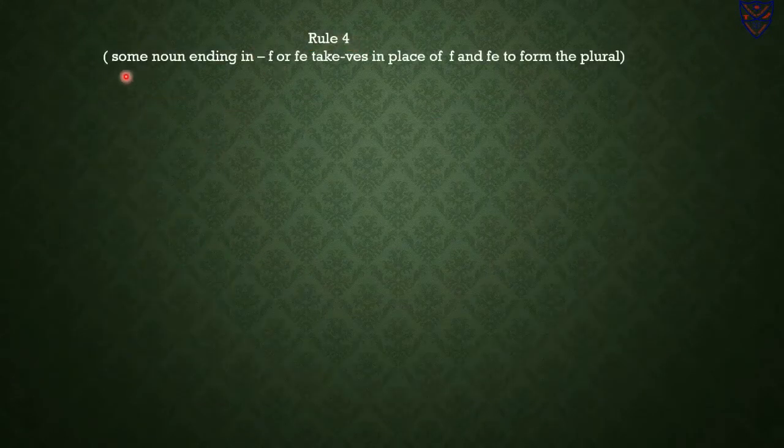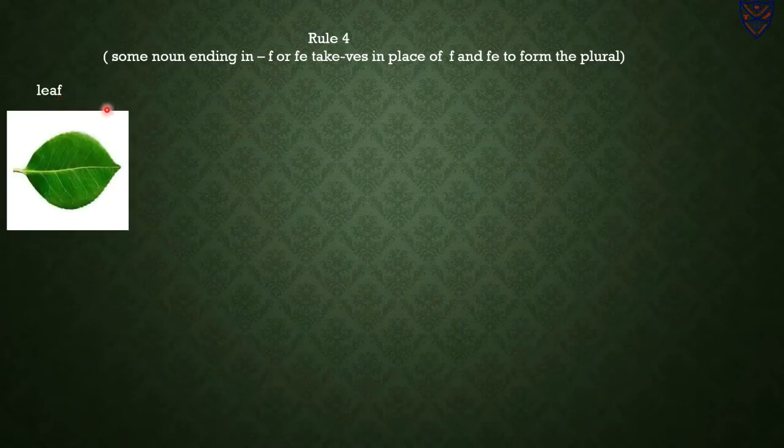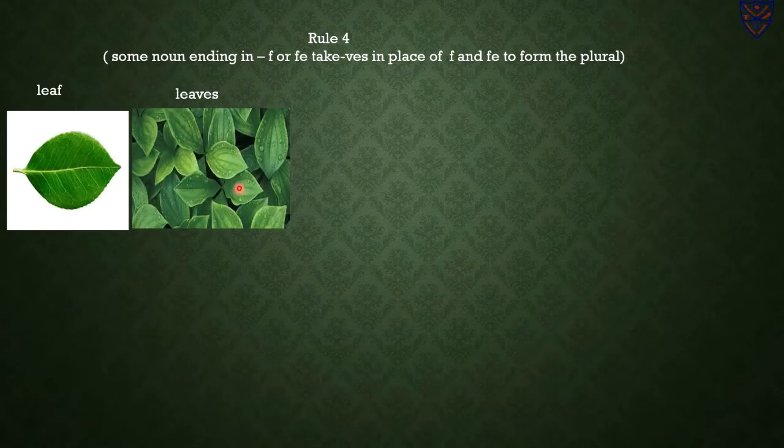Let's see rule 4. Some nouns ending in f or fe take ves in place of f and fe to form the plural. Let's see some examples. Leaf. At last what is there? F is there, right? Now to convert this leaf into plural, we have to cut f, take out f and add ves, leaves.